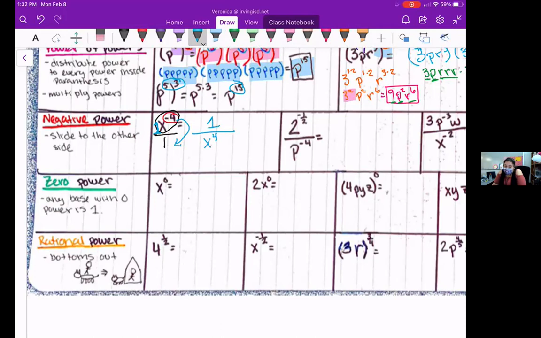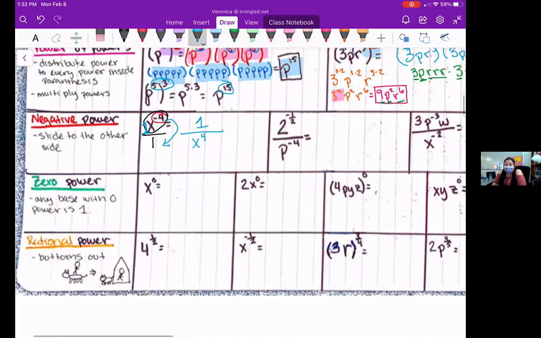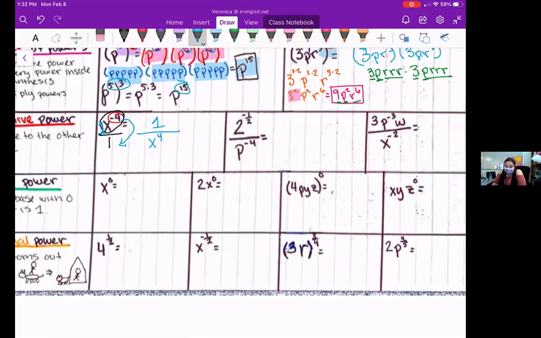Okay, so if we look at our next little mini example, you're going to see that you have negative exponents on the numerator and the denominator, which is why I put you slide to the other side. I don't care what side you're on. If you're being a negative Nancy, you're going to get thrown to the other side, and then you're going to be a positive person now. So you can see that this has a base of 2.